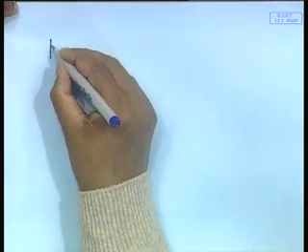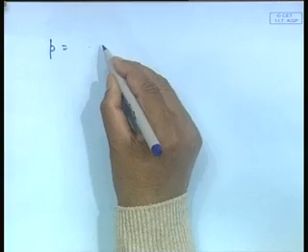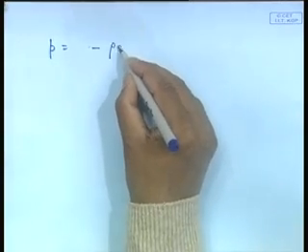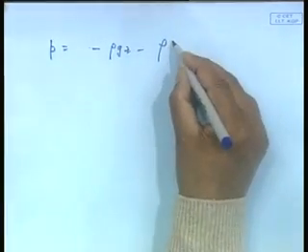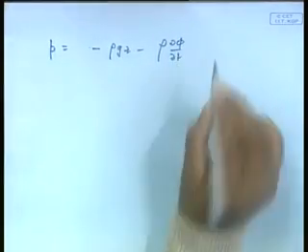So, now the next most important point to talk about is pressure. The other part of the water wave would be pressure P. Now, what did we say before? P is minus rho g z minus rho d phi by dt.